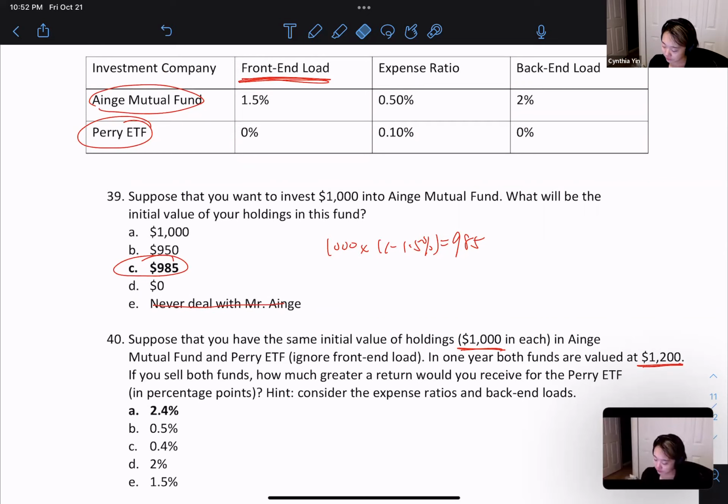So let's calculate the raw return first. You have $1,000, and after a year it is valued at $1,200. So your gross return will be 1,200 divided by 1,000 minus 1, so it's 200 divided by 1,000, and it's 20%.